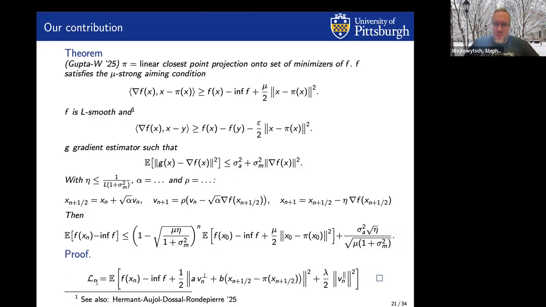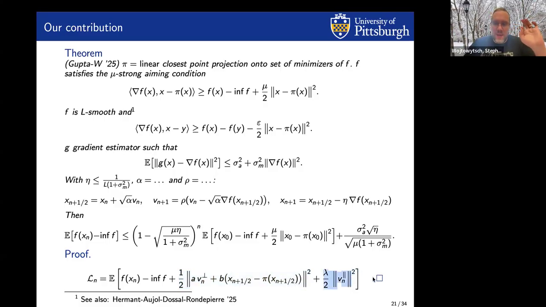And the proof, in one line, you choose a modification of the previous Lyapunov function, but the trick is that you need something that decouples the movement in direction towards the set of minimizers, so towards the manifold minimizing subspace, and tangential movement.